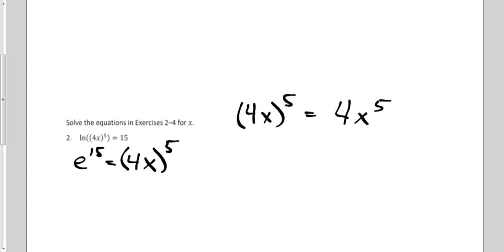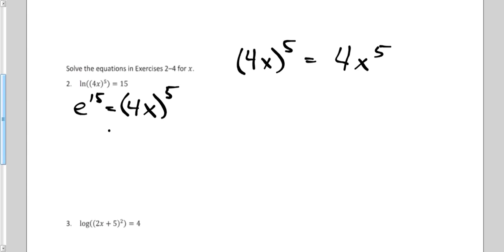Okay, so this guy equals 4 to the 5th power times x to the 5th power, right? And that all equals e to the 15th. So, can I simplify this?